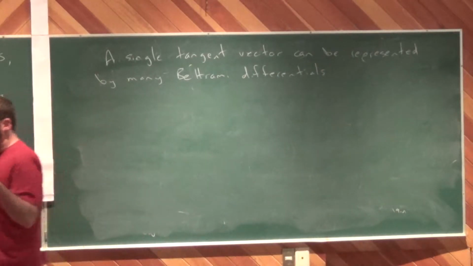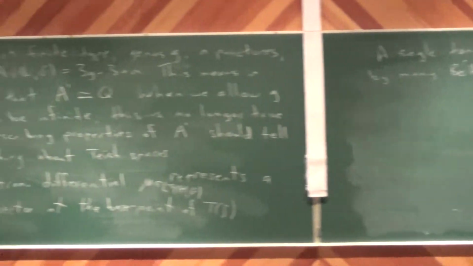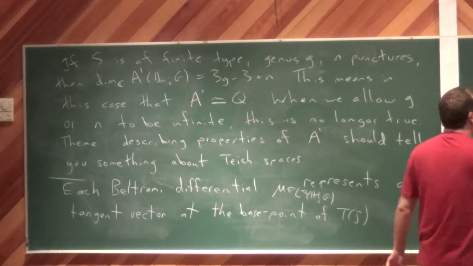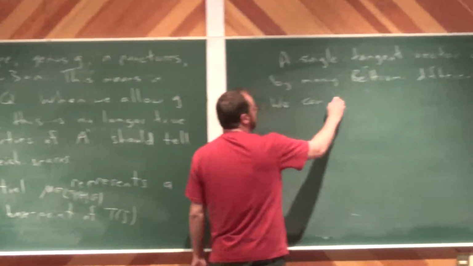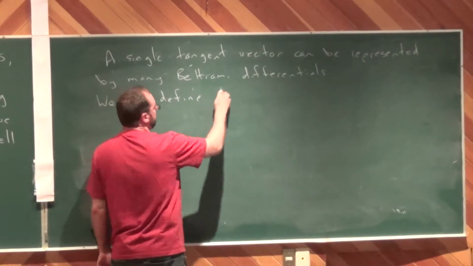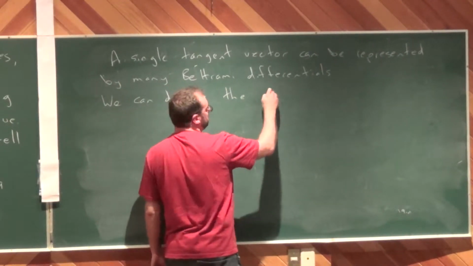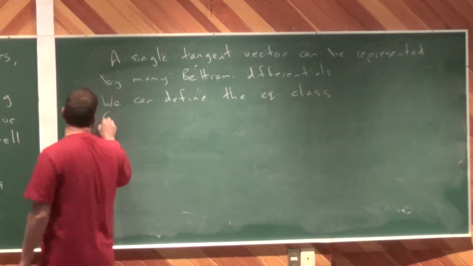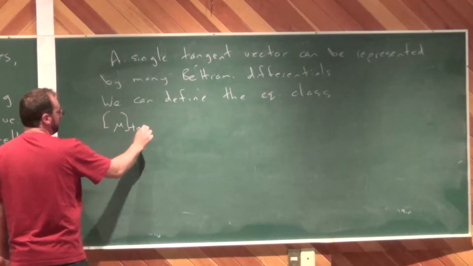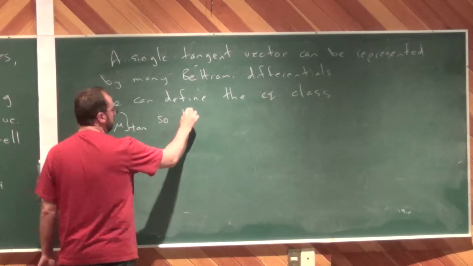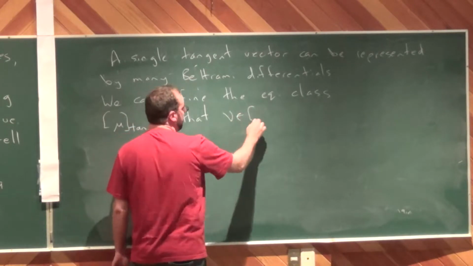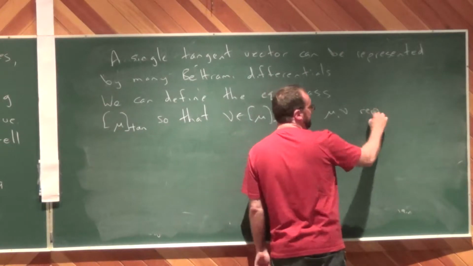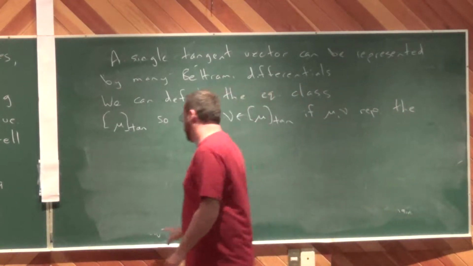So in fact, quite apart from the Teichmüller class of Beltrami differentials, we can have a class of Beltrami differentials which determine the same tangent vector. So we can define the equivalence class mu tan, so that nu is in mu tan if mu and nu represent the same tangent vector.